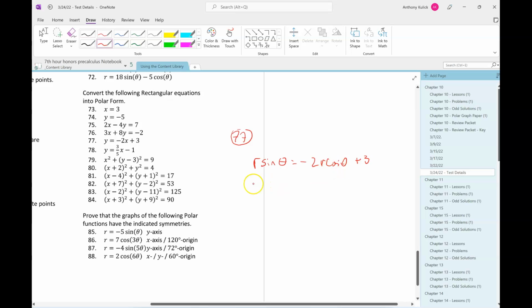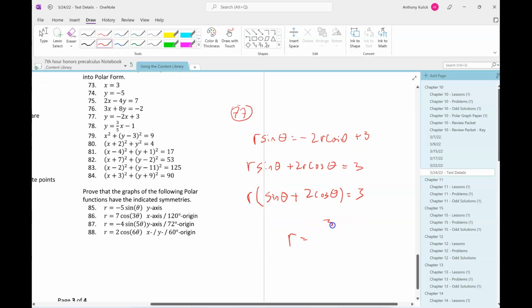So what I'm going to do is move all the r's onto the same side by adding 2r cosine theta to both sides. Now that I have the r's on the same side, I can factor out r from that left-hand side and then divide by sine theta plus 2 cosine theta. And that should be the answer.